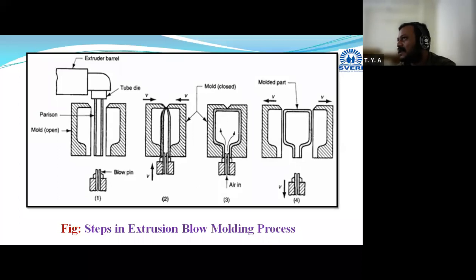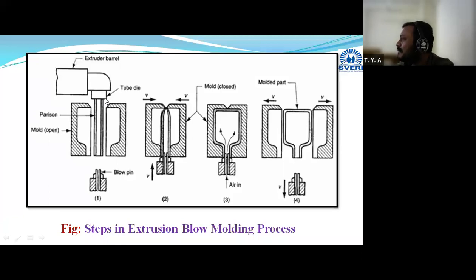It will acquire the required shape, the mold cavity shape. Got it? And here you have to take care of whichever thickness is required. Suppose I want to manufacture one bottle and some thickness is required, 2 mm or 3 mm like that. That thickness will be controlled here only.